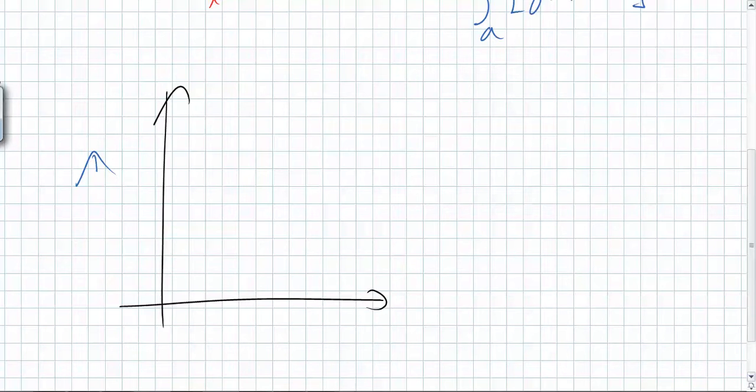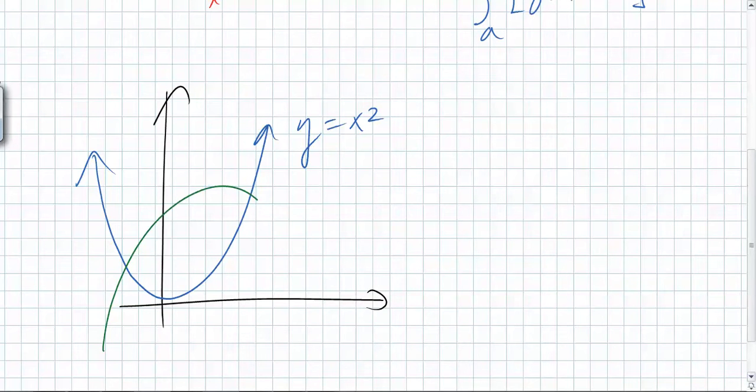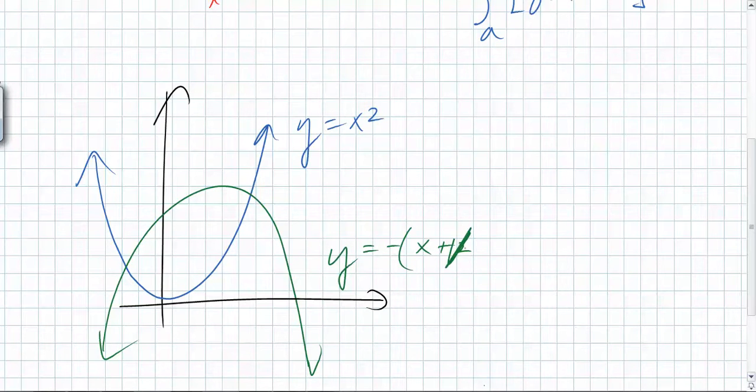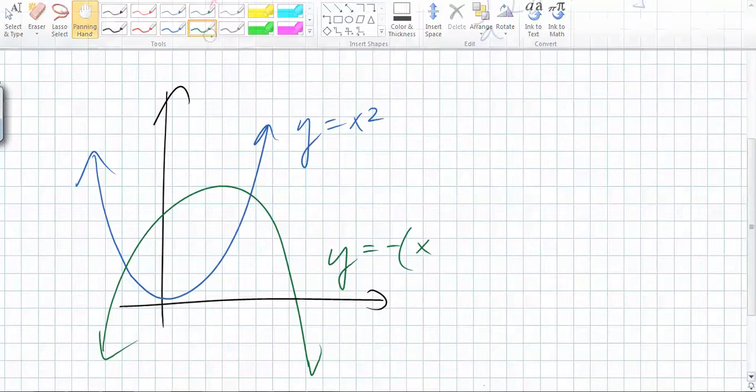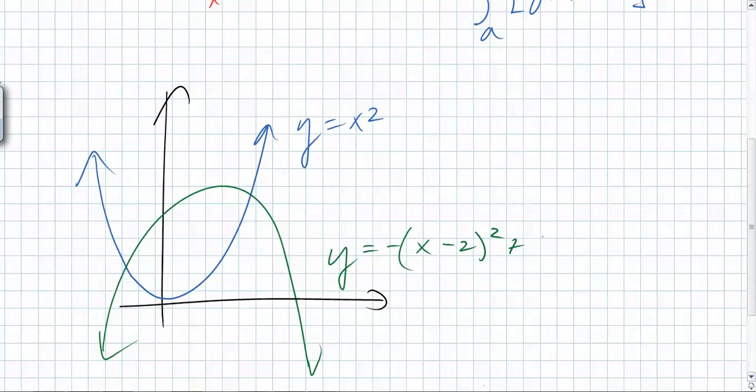Let's make it better than that. y equals x squared, and let's say y equals negative x minus 2 squared plus, I don't know, 3. I'm just adding something there. If I asked you for the area enclosed by those two curves, you're doing something similar.